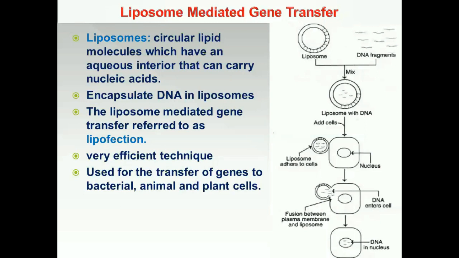And when it adheres to the cell, it further fuses with the plasma membrane and releases the DNA into the cell, and then it goes to the nucleus, and here it forms the recombinant DNA. So the liposome is carrying the particular DNA fragment to another cell. That's why it is a very efficient technique. It is used for transfer of genes to bacterial, animal, and plant cells.